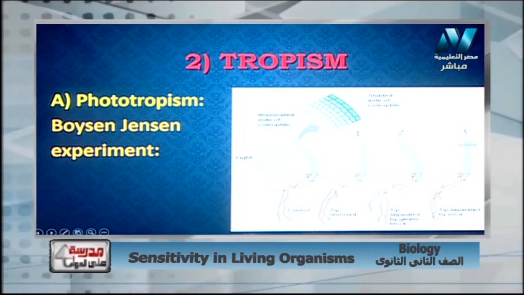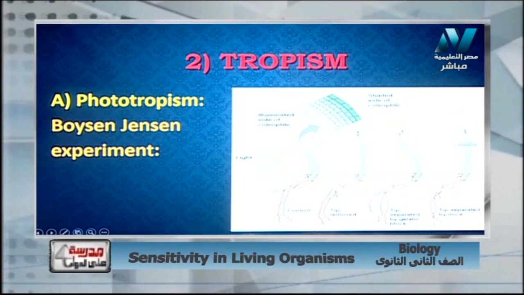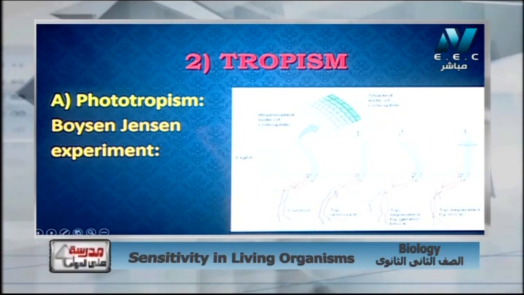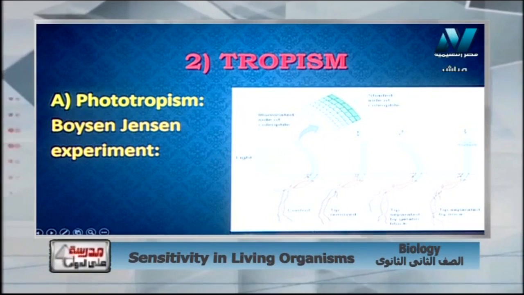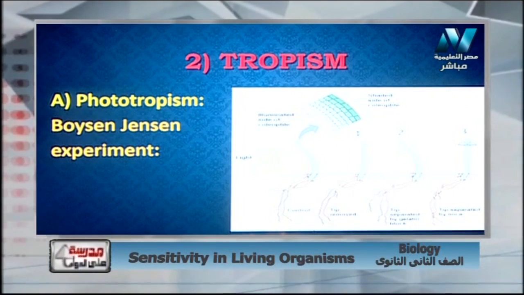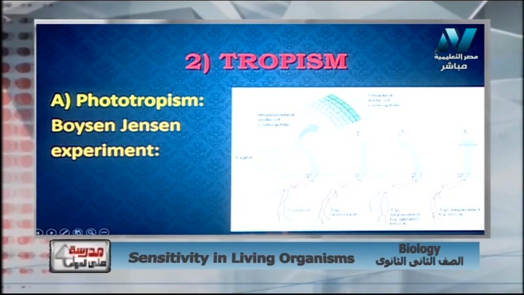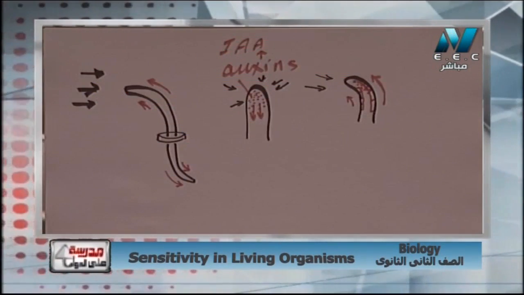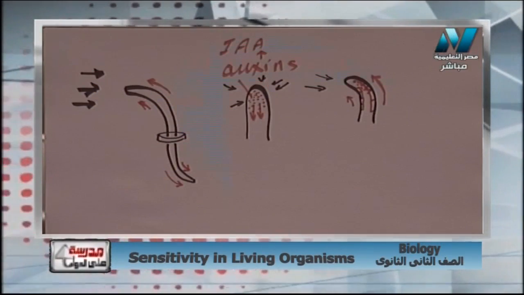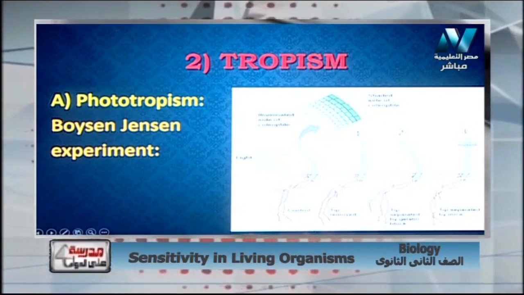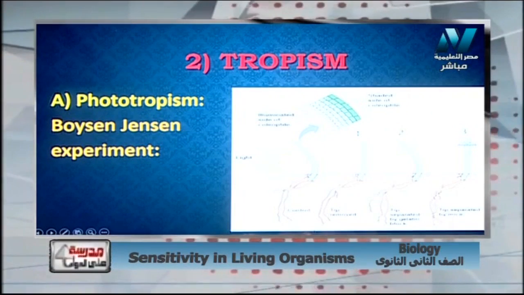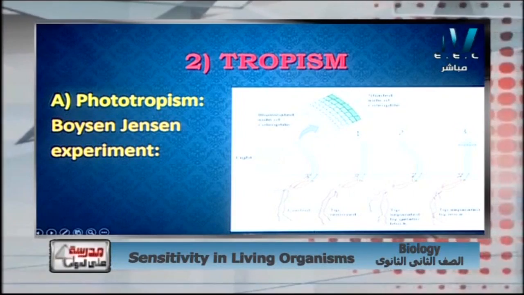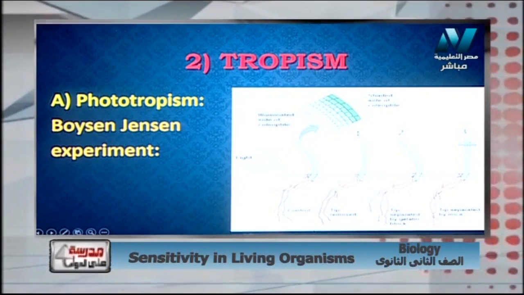Okay, what happens when he removed the tip of the coleoptile? The tip contains or synthesizes the auxins, and the auxins are not present, so the lower cells did not grow, so no curvature occurs. But when he put the tip again on the coleoptile, fixing it with a gelatin substance, the gelatin substance is permeable to these auxins.